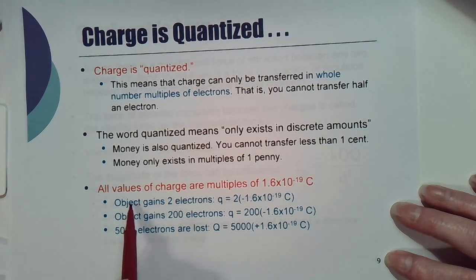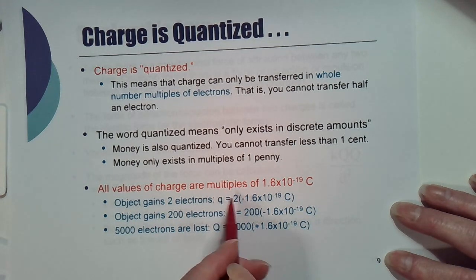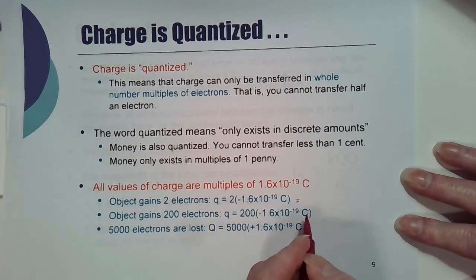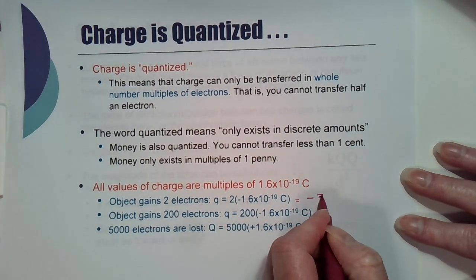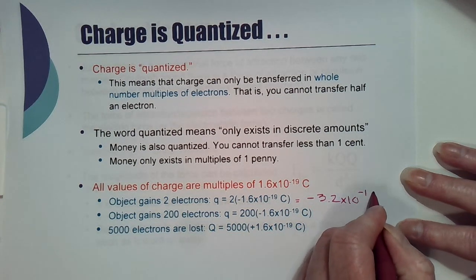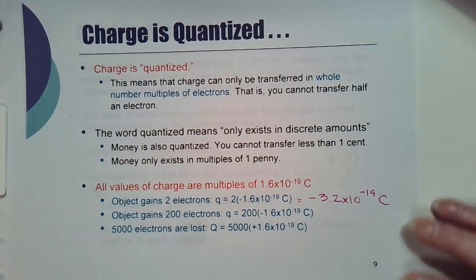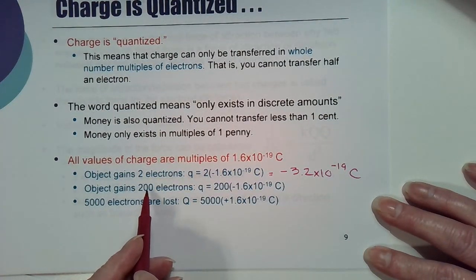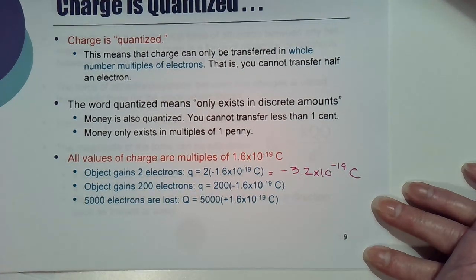But what if an object had 2 electrons? Then this would be its charge, 2 times that, and its Q value would then be negative 3.2 times 10 to the negative 19 coulombs. What if an object had 200 extra electrons?